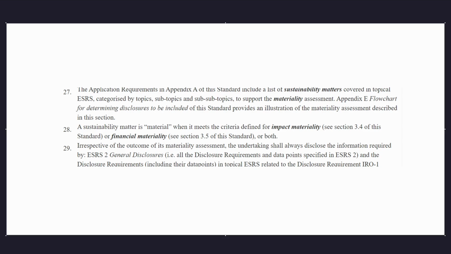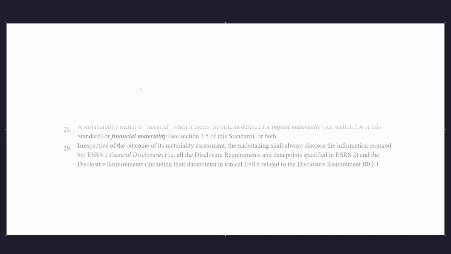And we also know that it may be material for financial reasons, for impact reasons, or for both. So it seems then we have actually 4 states for any sustainability matter. The first state is that it is not material. So a sustainability matter can be not material.